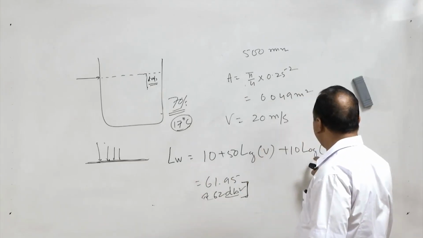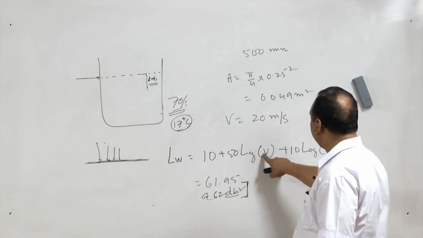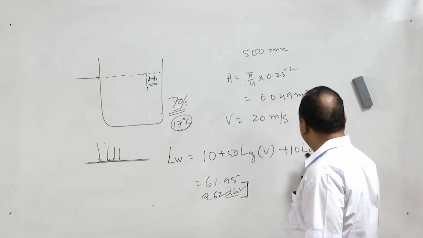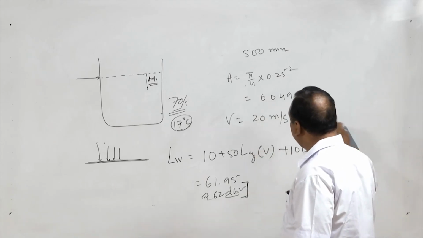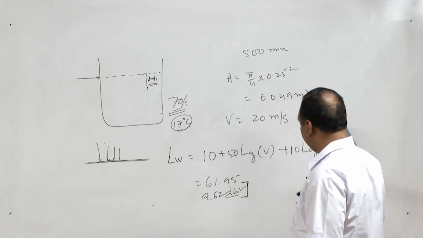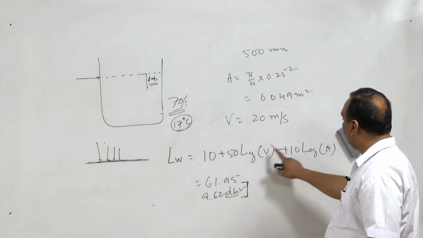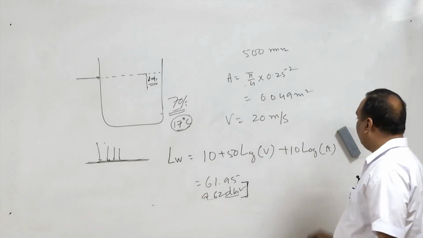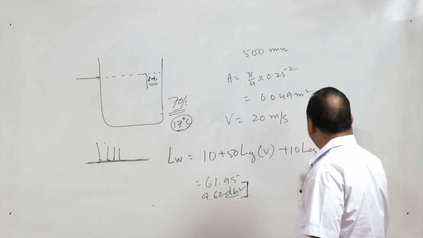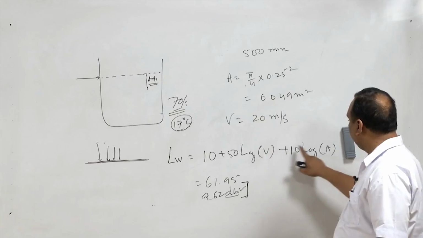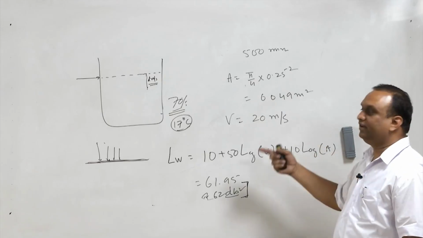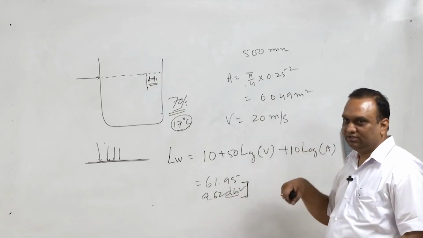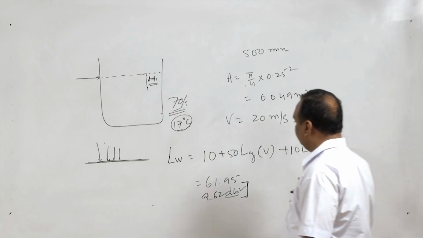Here the area cannot be justified, but if we are increasing the velocity for the same area, the noise level will increase. And if we increase area for the same velocity, it means more air is flowing. In that case also the noise level will increase.